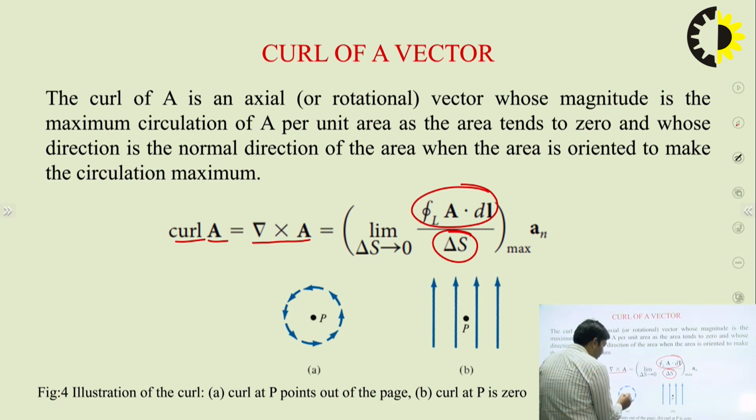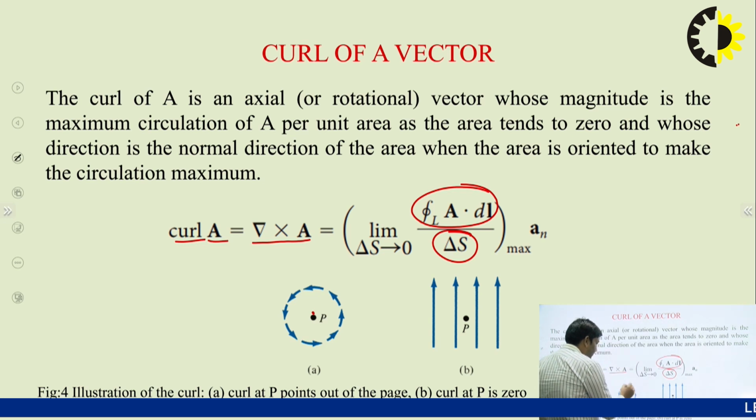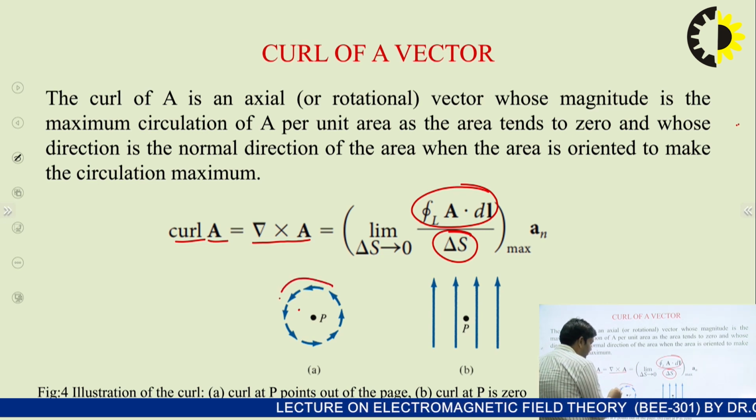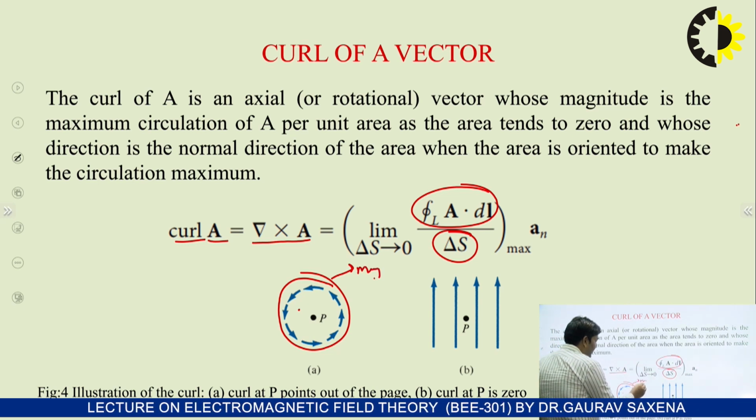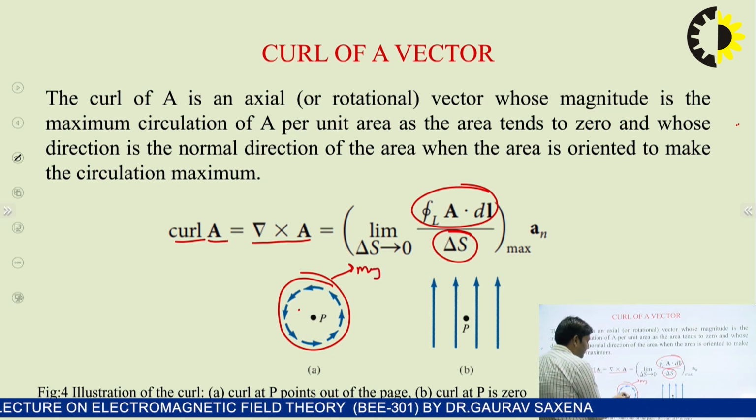If this is point P and maximum circulation occurs, then the curl at P is in the direction of that vector and the magnitude is the maximum circulation, and the direction is perpendicular to that particular plane.